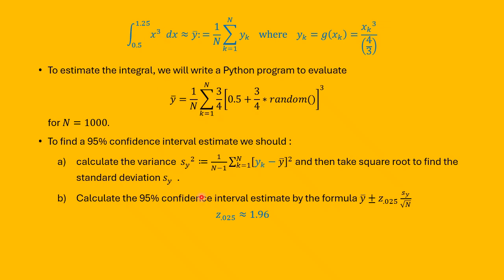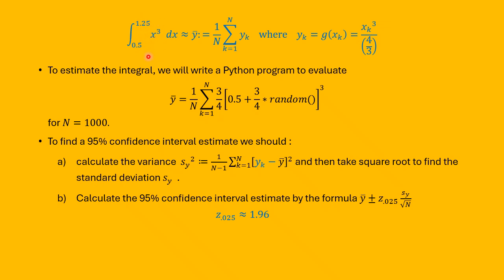What that means is if we do this procedure many times of calculating n terms, the y sub k's, calculating y bar, calculating the sample variance, standard deviation using this formula, 95% of the time that we do this, this interval estimate will actually contain the value of this integral.